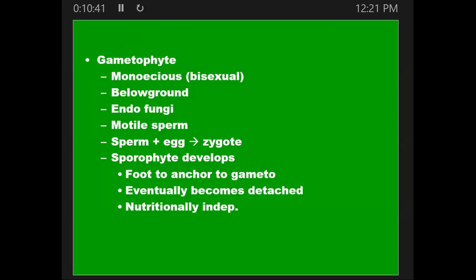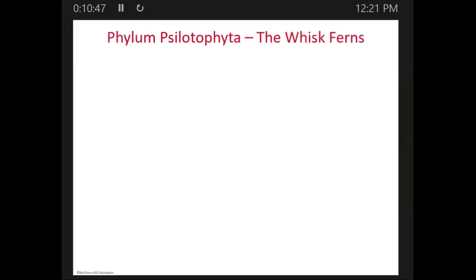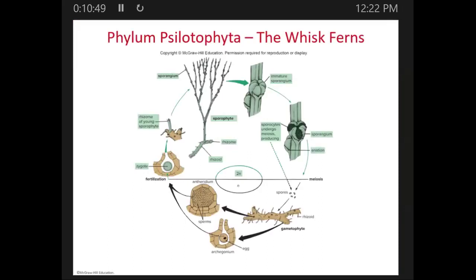So the whisk fern is not a plant that we see around here. If you're out hiking around, you would not see it. It's tropical. And so here's the life cycle put into perspective. The sporophyte phase dominates, and looking at the plant, it's all sporophyte tissue.